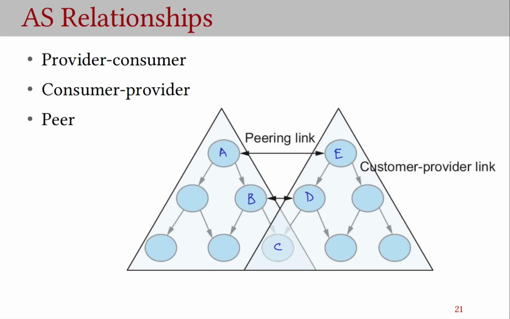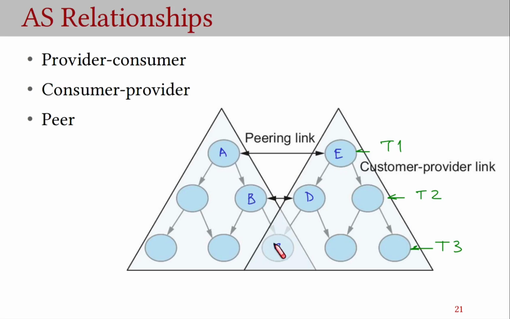And so these are tier 1 service providers, these are tier 2 service providers, and these are, let's say, tier 3 service providers. And so E is a provider for D, A is provider for B, B is customer of A, right?